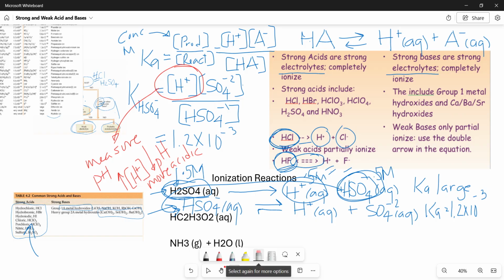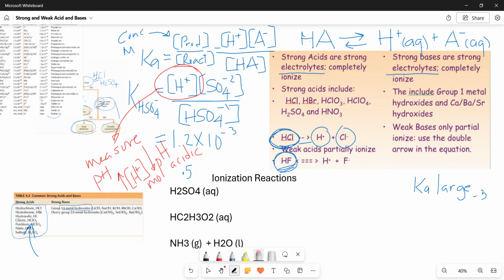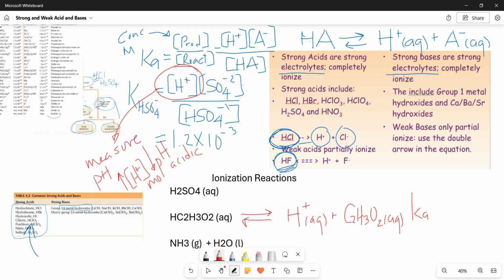Okay, so let's go to the second example I have here, acetic acid. We're going to write a formula for this, and this is considered a weak acid. So only some of the hydrogen ions dissociate, and only some of the acetate polyatomic ions dissociate from our beginning acid. And in fact, if I enlarge that chart, the Ka for this formula is going to be 1.8 times 10 to the minus 6.